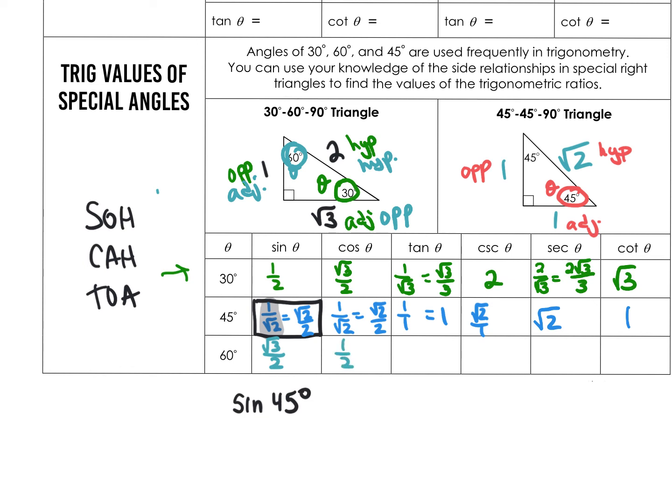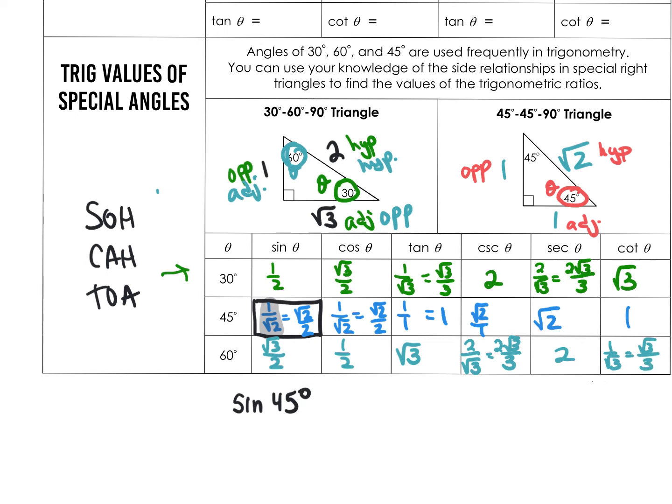The tangent of 60 is opposite over adjacent, so that's just square root of 3 over 1. The cosecant of 60, we'll flip sine, so that's 2 over radical 3, which is 2 radical 3 over 3. The secant will flip cosine, and the cotangent will flip tangent, which simplifies to radical 3 over 3.